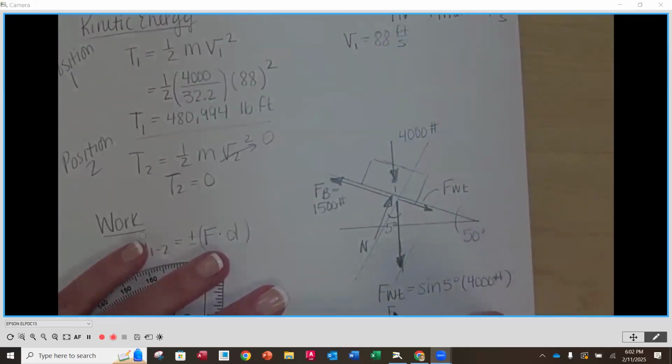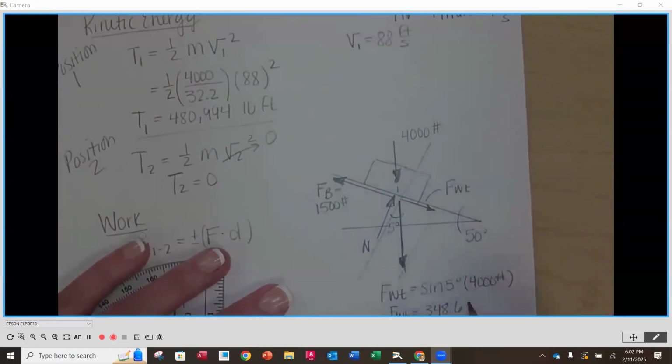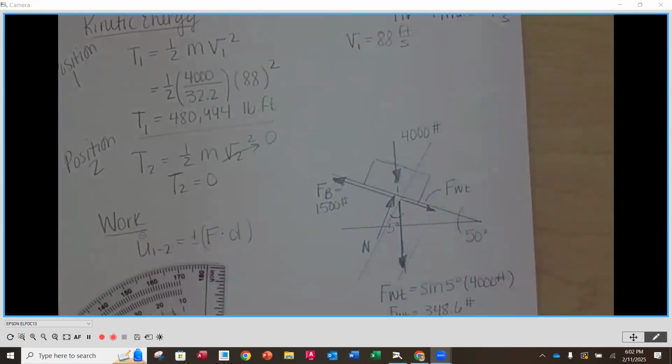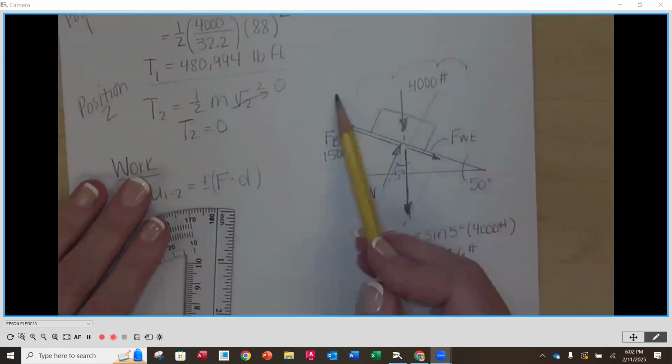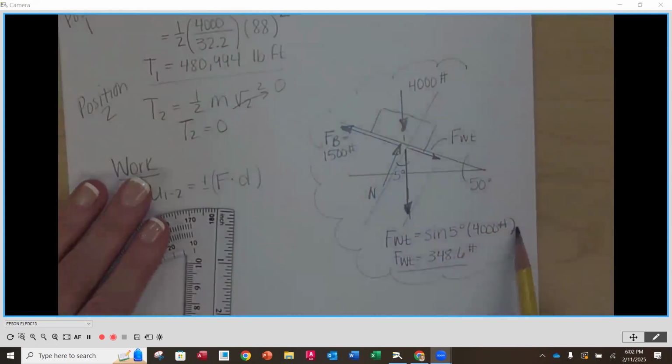So the weight of that car going down that incline is going to be 348.6 pounds. Sorry, not degrees, pounds. Okay. This is kind of a little separate side calculation.